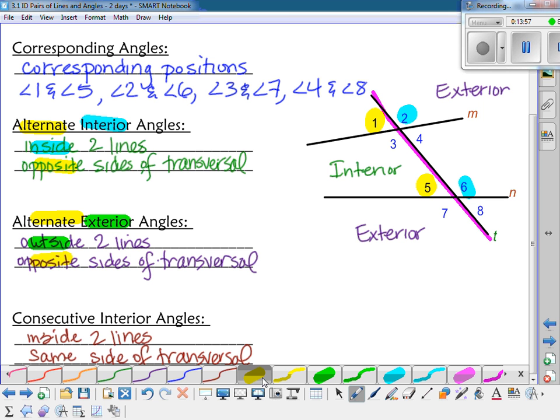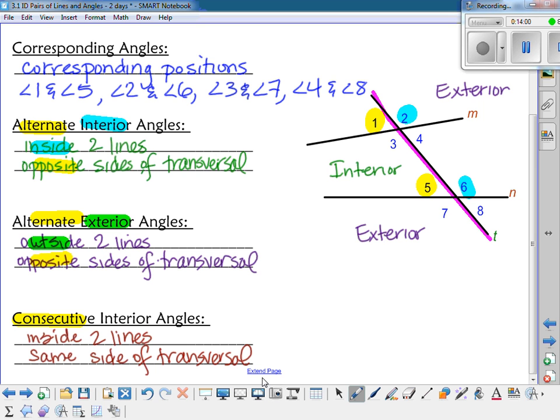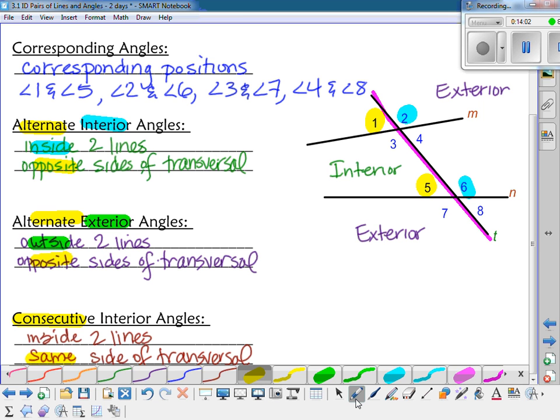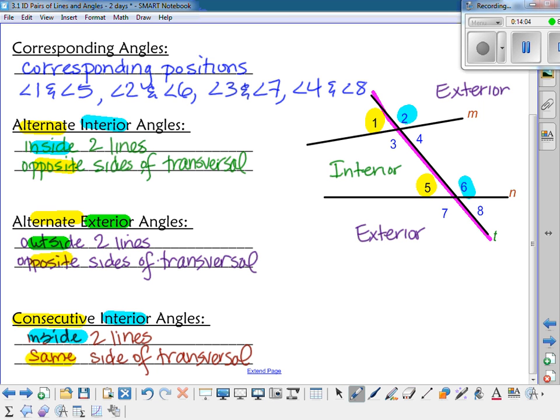So this time we've got consecutive, same side, interior. So looking at my figure, let's talk about what some of these are.